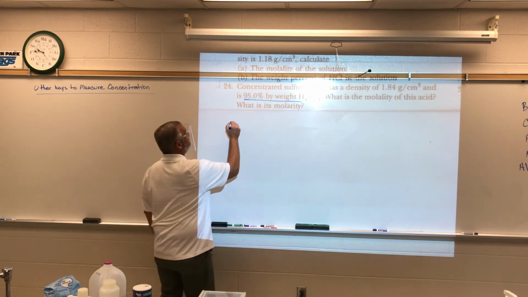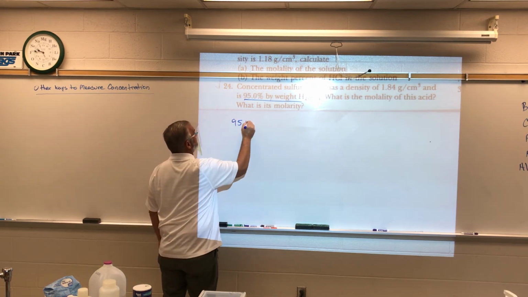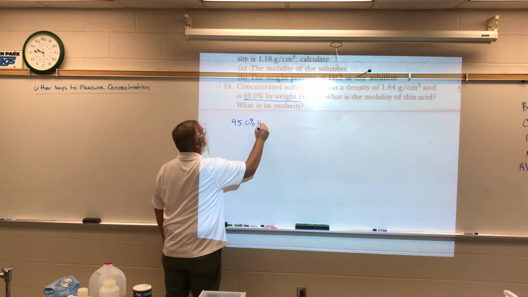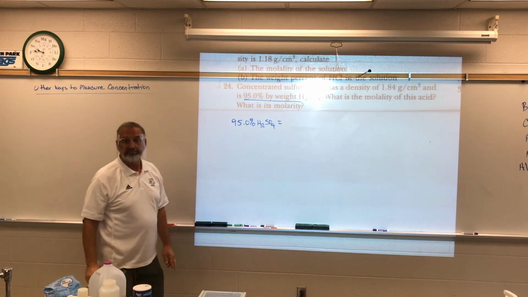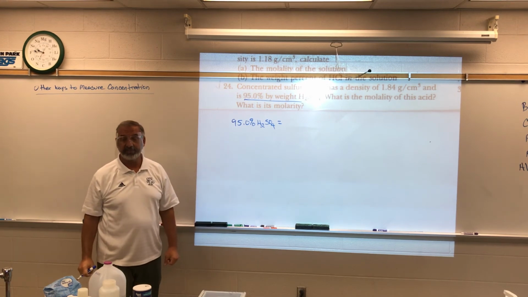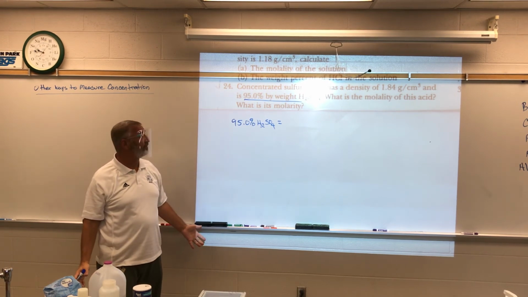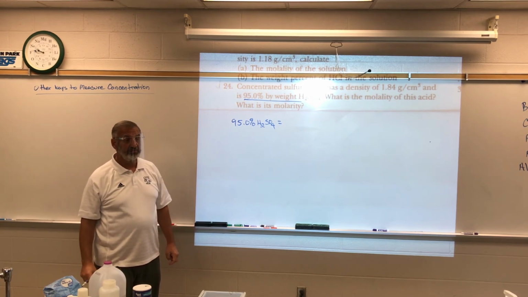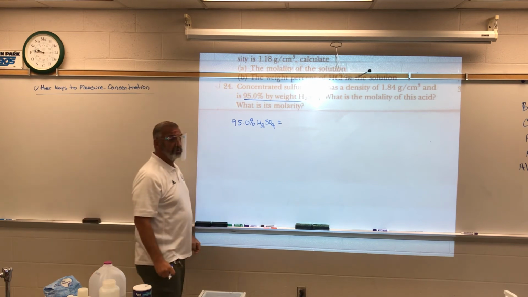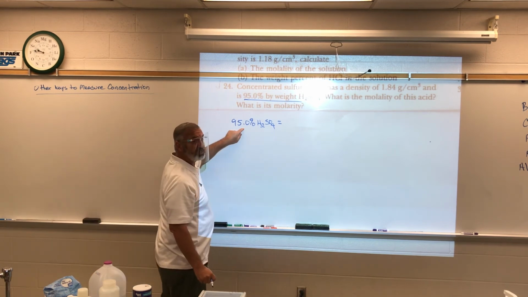So what does 95% H2SO4 really mean? That's mass percent, but what do I know from this? So the mass solute over the mass solution times 100 equals that. So how much solute do I have?